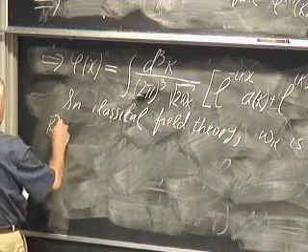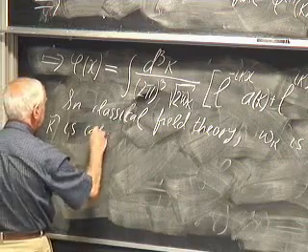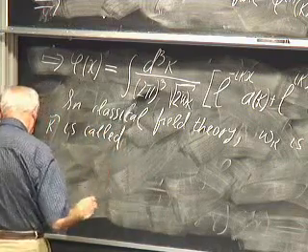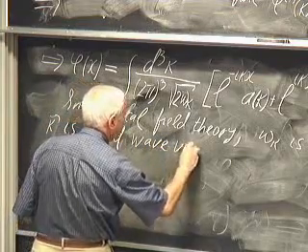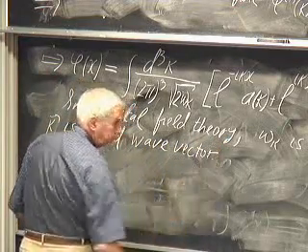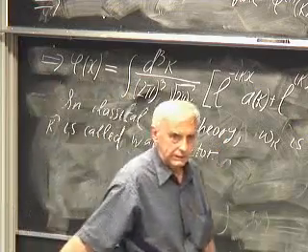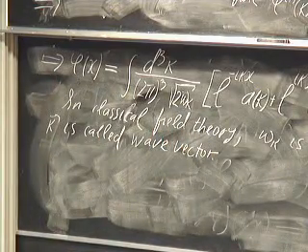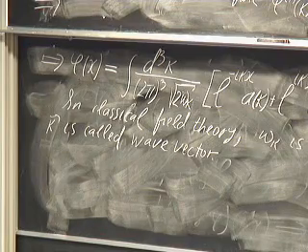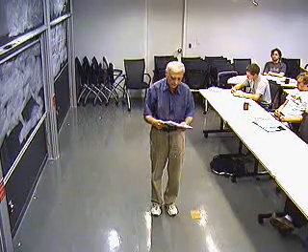K is called wave vector. That's it. So it's the general solution, and we will use this general solution many times.